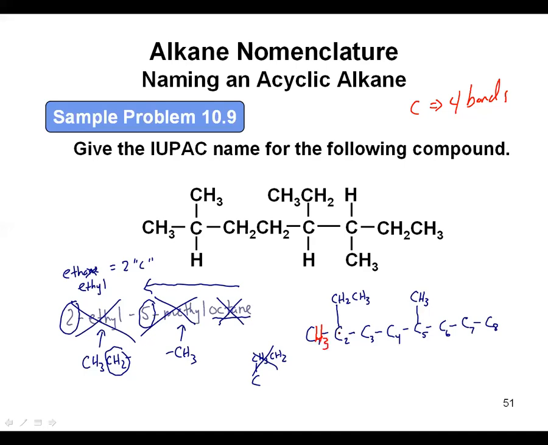This carbon has 1 line, 2 lines, 3 lines, which means he actually just needs 1 hydrogen. This guy has 1 and 2, which means he needs 2 hydrogens. This guy also has 2, which means he needs 2 hydrogens. This guy will only need 1 hydrogen. He will need 2 hydrogens. He will need 2 hydrogens, and he will need 3 hydrogens at the end.